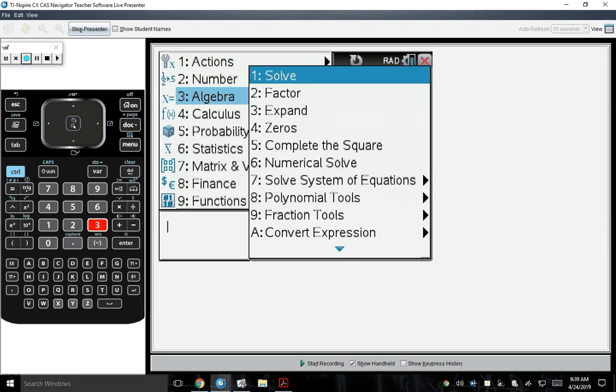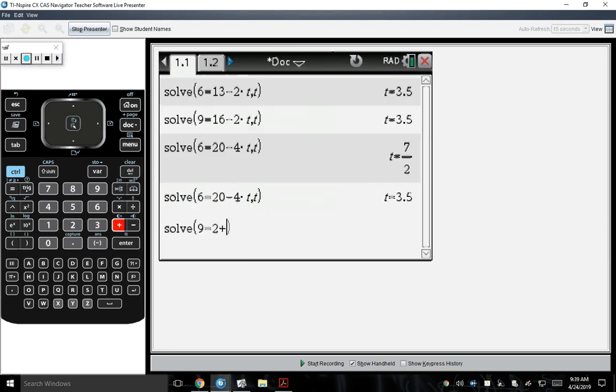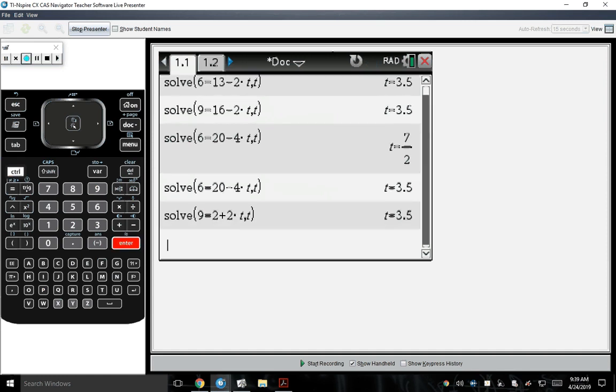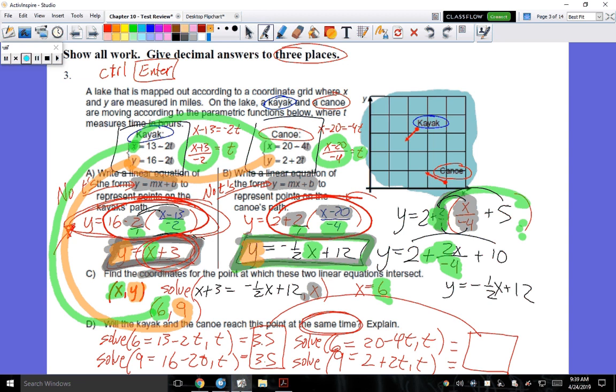Then menu 3.1, 9 is equal to 2 plus 2t, and sure enough, we get 3.5 for that. We know they equal the same position, because that's what we found in part C, and they reach it at the same time, because as we plug in the x and y values, they all equal the same t value.